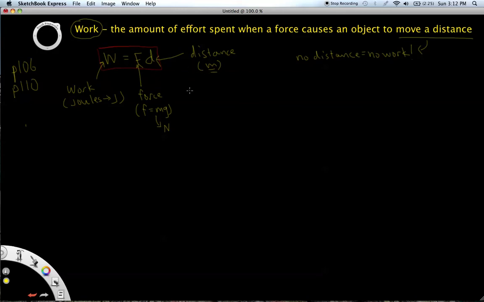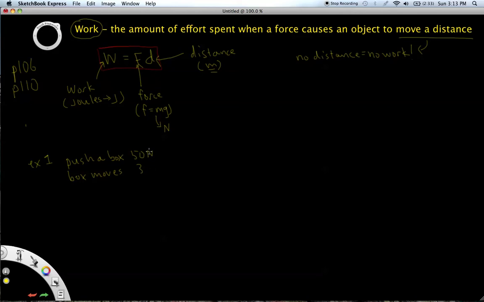Now let's just go straight to a few examples, because that will probably be the most helpful. So let's use example number 1. Let's say you push a box, and let's say your force is 50 newtons, and let's say the box moves 3 meters.